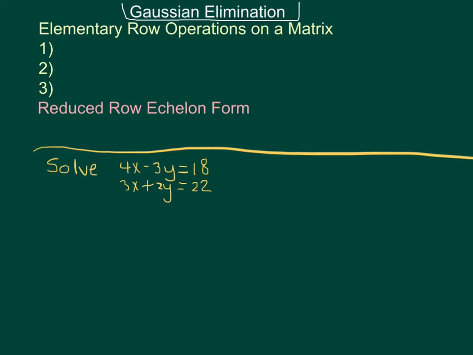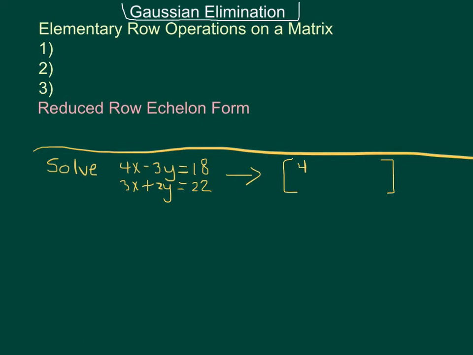The idea of using matrices is to reduce this problem to its basic form, or strip away all the unessentials that are here. One thing we know is that the x's and the y's are not that essential.